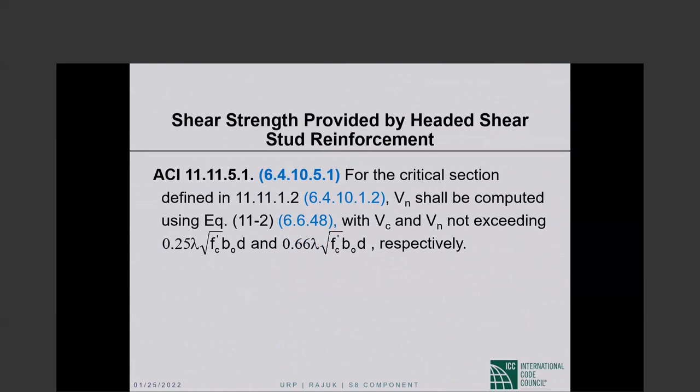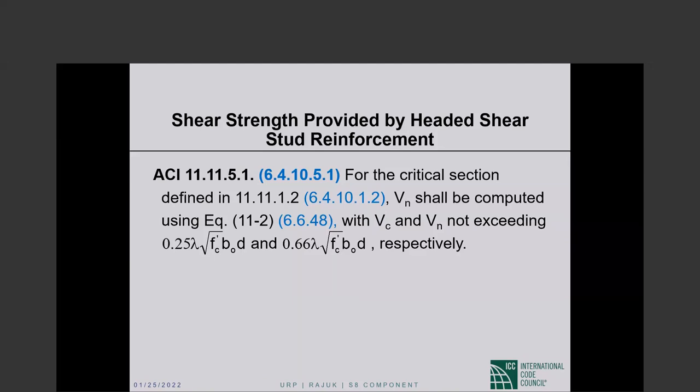Now, very, very importantly, remember: in the absence of any shear reinforcement, concrete is good for 4 square root of f'c of punching shear strength. When we have conventional shear reinforcement, concrete is good for 2 square root of f'c, and the upper limit, maximum Vc plus Vs, is restricted to 6 square root of f'c, 0.5 square root of f'c in your units.